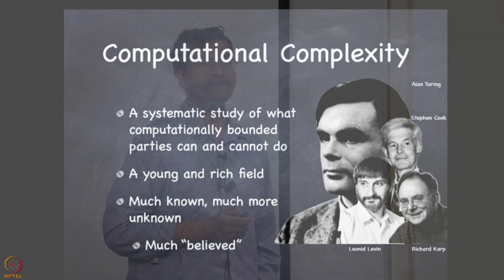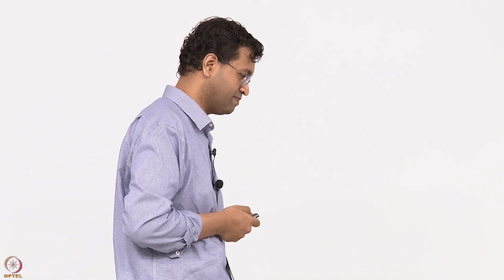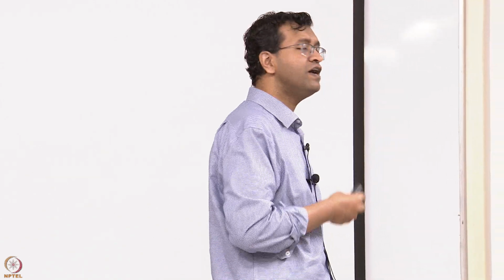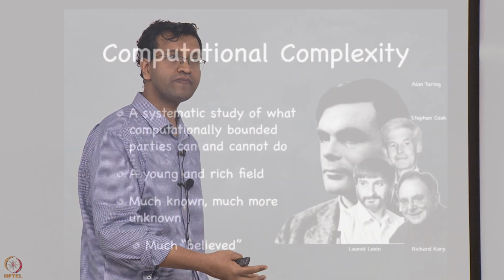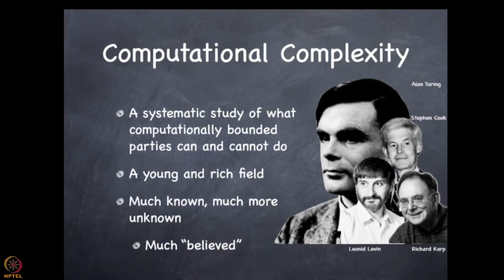A lot of things are believed, like P not equal to NP. One reason this is not surprising is that it's very hard to prove things that may be true, and we don't have the mathematical tools yet to analyze these questions in detail.